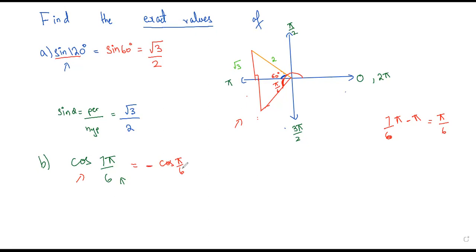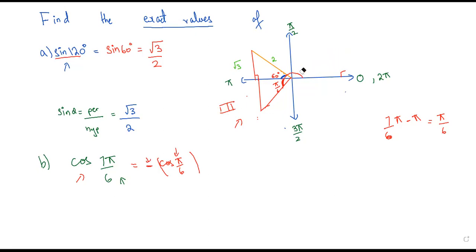And why do we have a negative sign? Because if I talk about cos pi by 6 directly, this angle is pi by 6, and it would be for this triangle. But I'm using the same concept in the third triangle. That is why I will put a negative sign. This is why the negative sign is important.